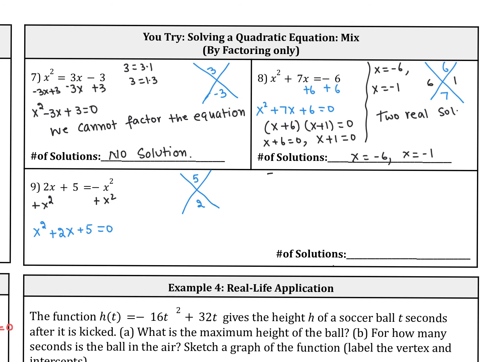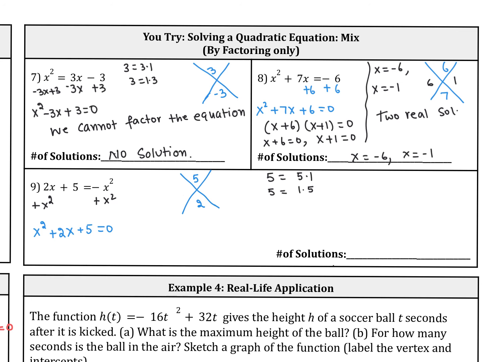The factors for 5 are 5 times 1 and 1 times 5. Either one you choose. If you choose 5 times 1, when you multiply, you get 5 for sure. But when you add or subtract, you cannot get 2. So it means that this is not our choice.